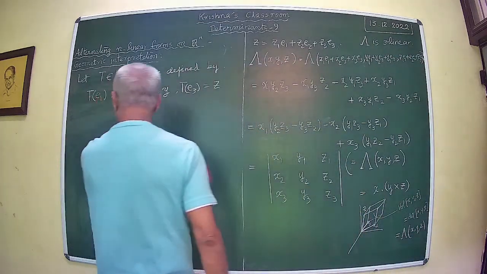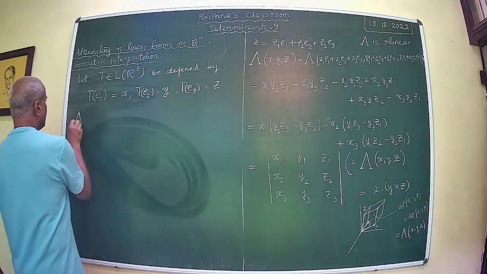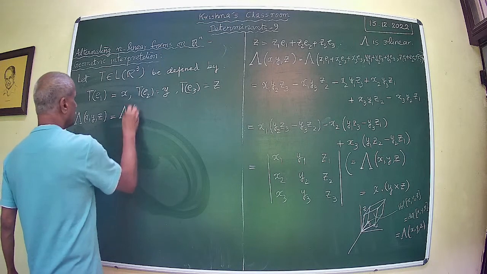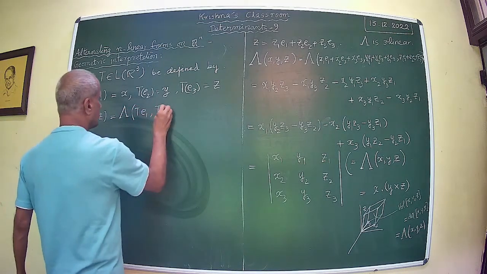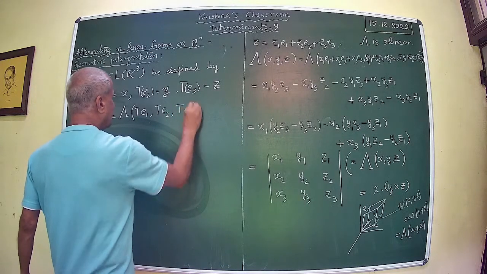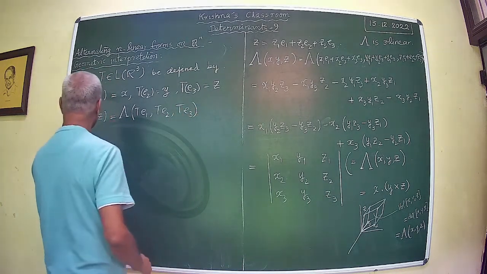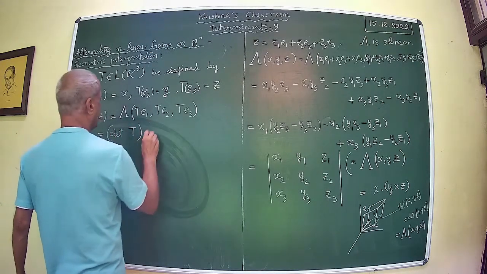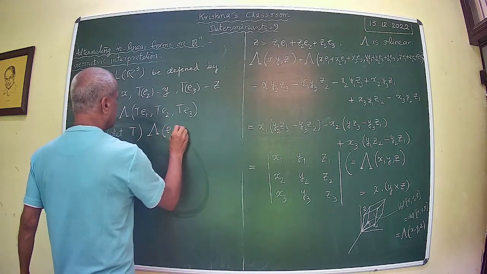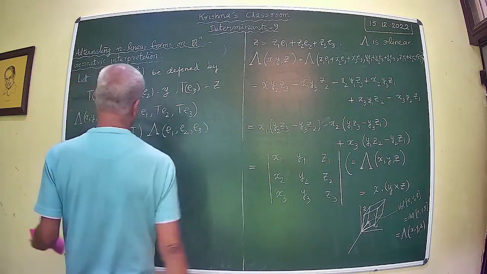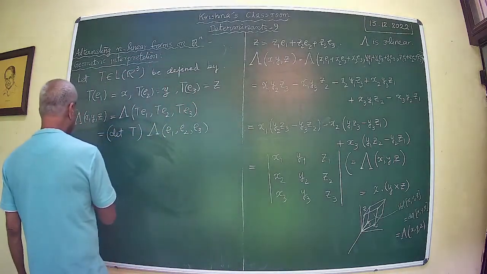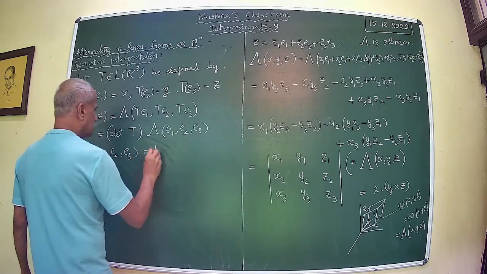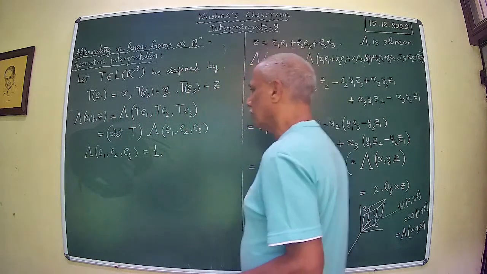Then what you have is lambda of T1, T2, T3, and we have already seen that this corresponds to the determinant of T multiplied by lambda of E1, E2, E3, and this is equal to 1.